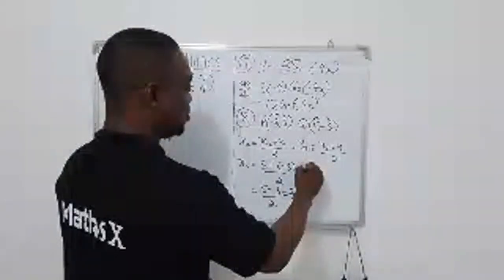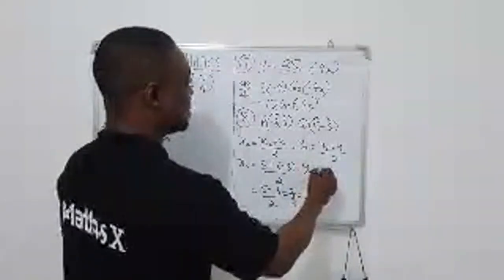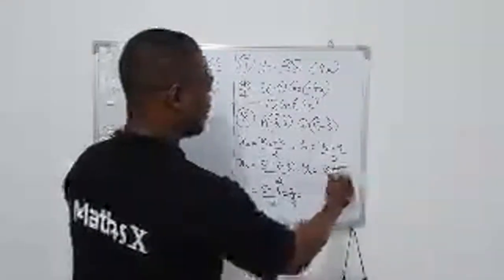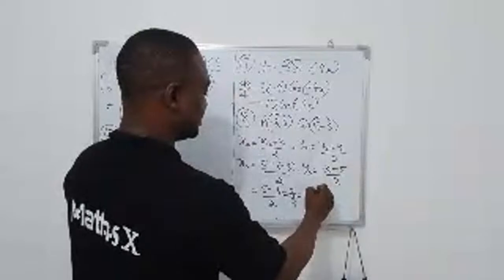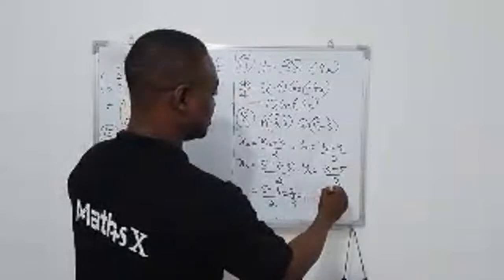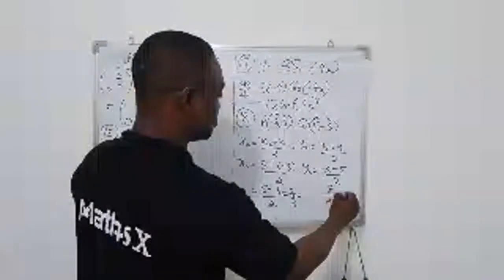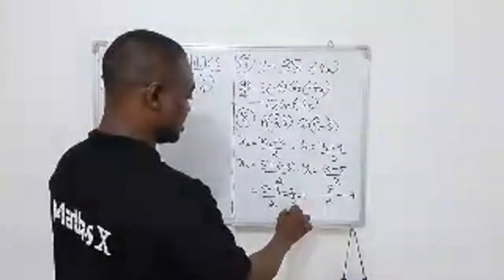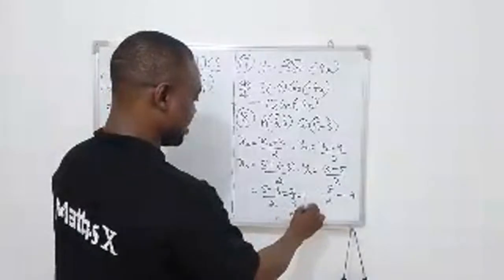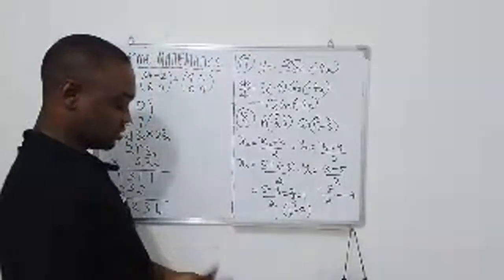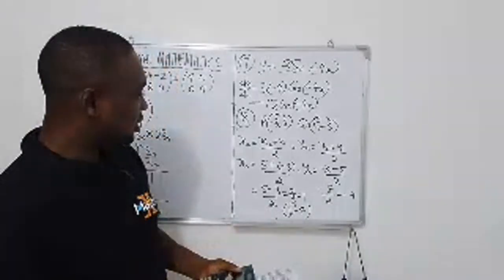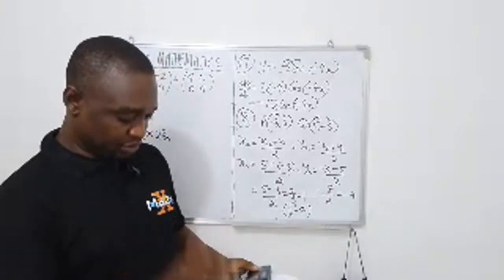Then for my ym, it will be -3 minus 5 over 2, and this will be -8 over 2, being -4. So the midpoint clearly is 1, -4. These are the coordinates of the midpoint of the values that I was given.